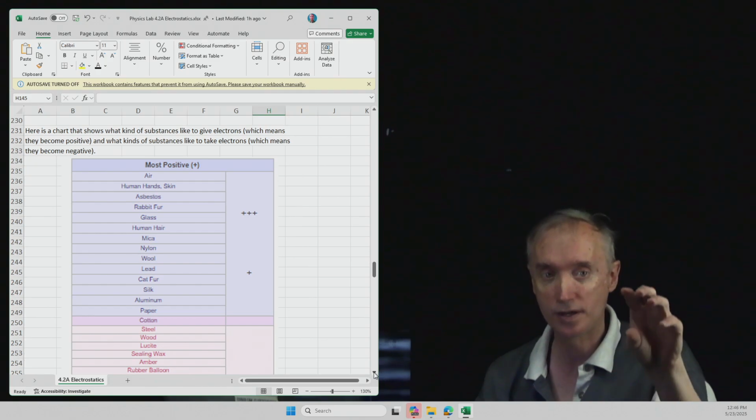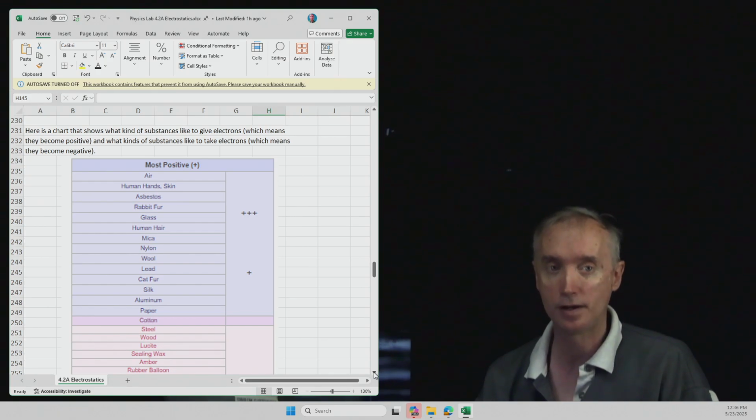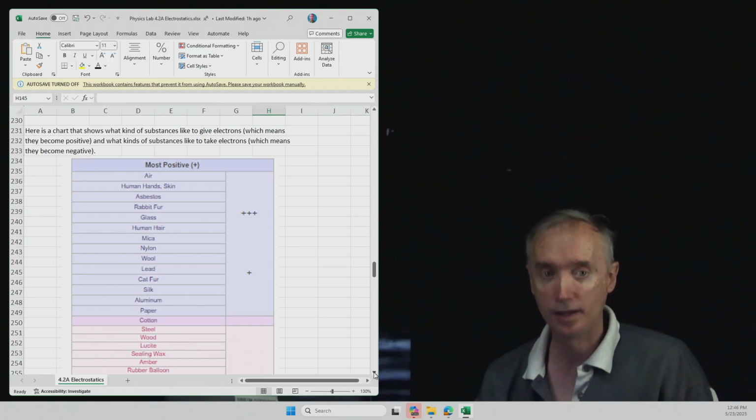So you see that the ones down at the bottom are more of a positive, and the ones up at the top are a positive, positive, positive. And then you see that cotton is right there in the middle. So it normally doesn't like to give electrons, and it doesn't like to take electrons.